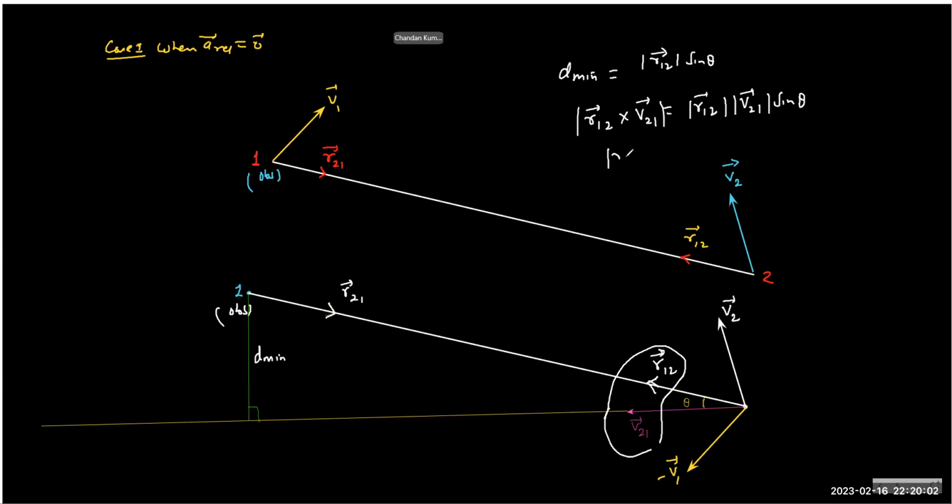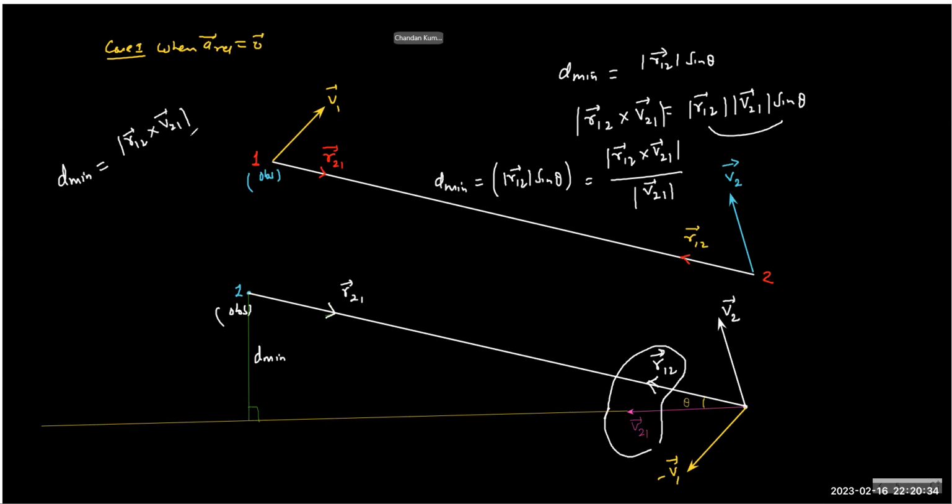Now you can see the answer. This is R12, correct? And now we have derived the formula of D minimum only in vector form. One, two, two, one. Is this clear?